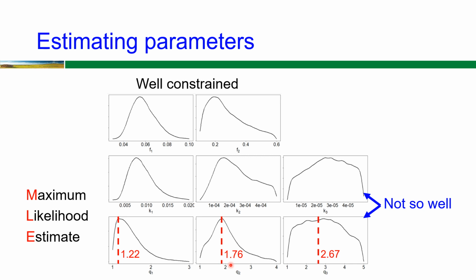We can use these values to represent the intrinsic temperature sensitivities at 25 degrees Celsius of the corresponding pools. The Q10 distribution of the passive pool is not well constrained, and we can use the mean value 2.67 as a reasonable guess of its intrinsic temperature sensitivity at 25 degrees Celsius.